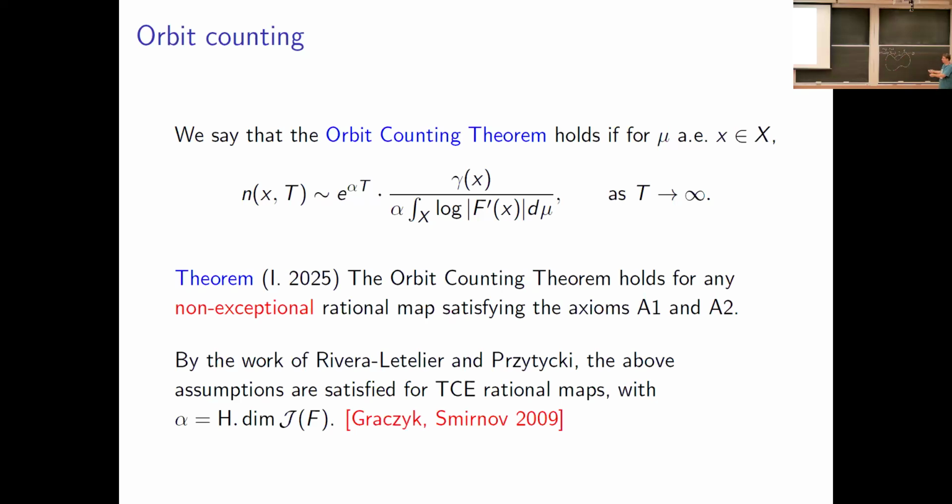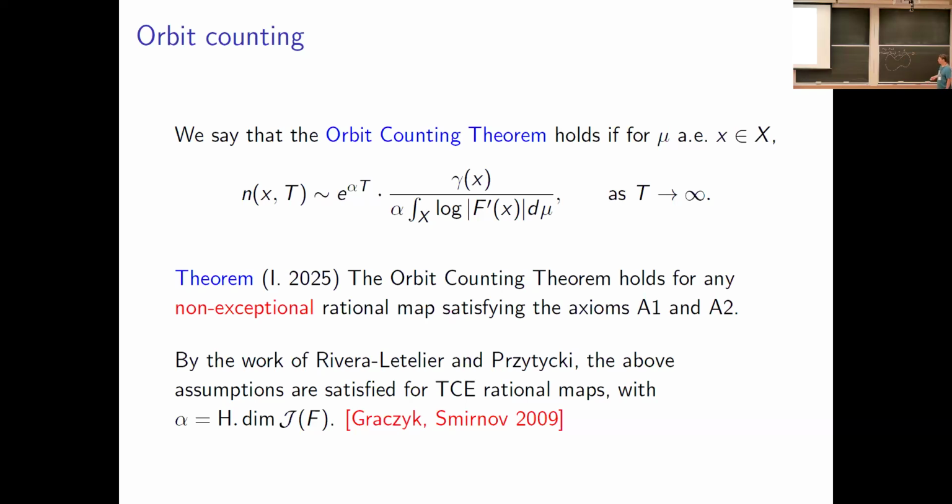Here are some classes of maps which satisfy the axioms. First, by the work of Juan Rivera-Letelier and Feliks Przytycki, the above axioms are satisfied for so-called topological Collet-Eckmann maps. And in this case, alpha is equal to the Hausdorff dimension of the Julia set.